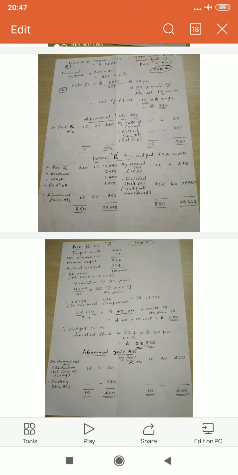Then how many units of abnormal gain? 10 units of abnormal gain were realized. Therefore, process R account is debited under the head abnormal gain 10 units at the rate of rupees 40, amounting to rupees 400.